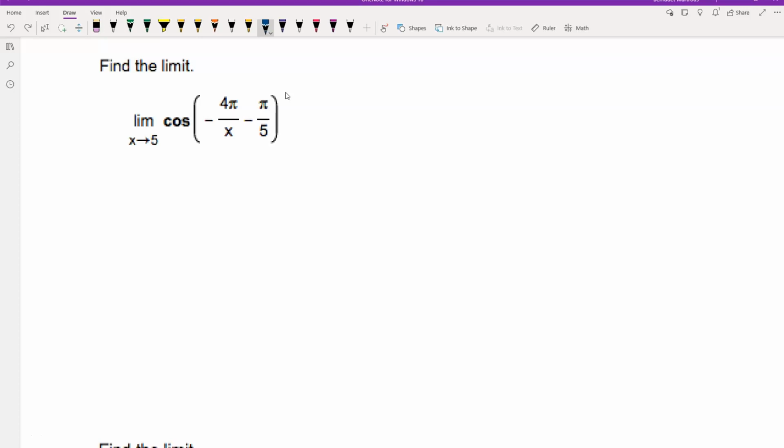One function is cosine, so g(x) is cosine, and f(x) is negative 4 pi divided by x minus pi divided by 5. So here we have g of f(x).